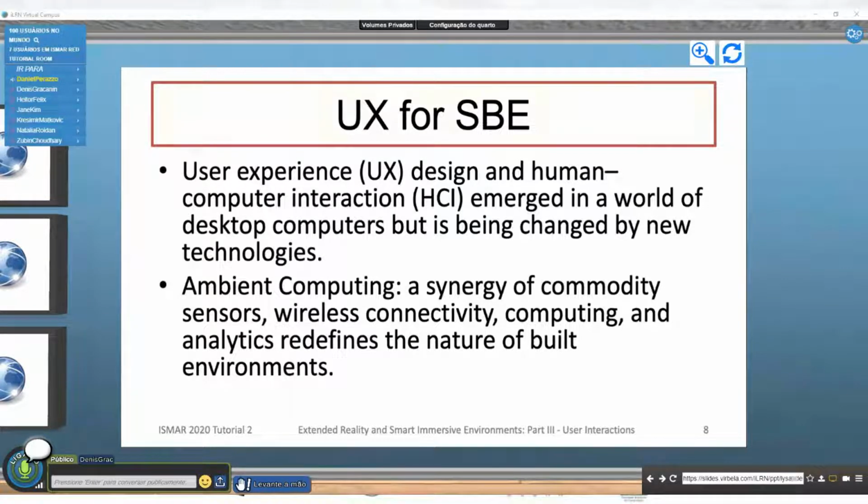So we can look at ambient computing as perhaps a subset of smart environments that focuses on computing aspects related to the ambient in which the user is situated.